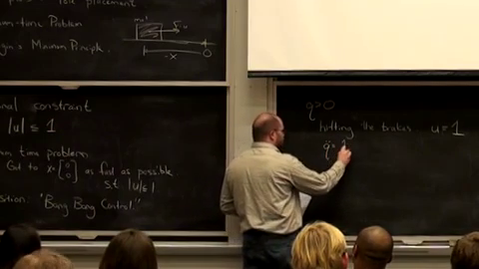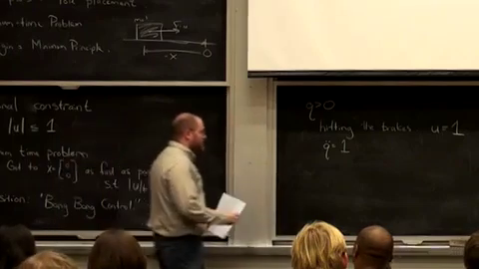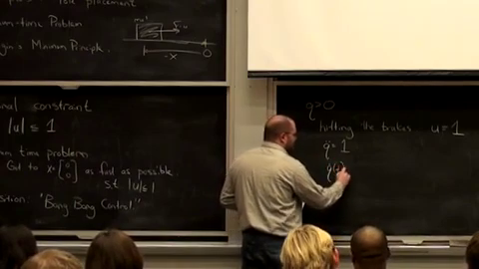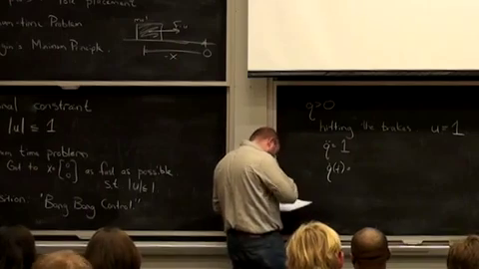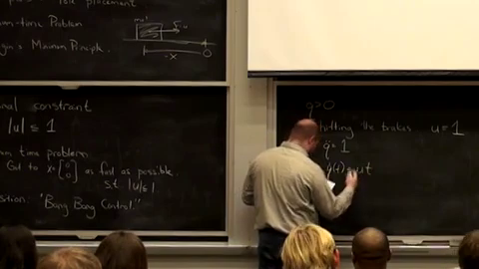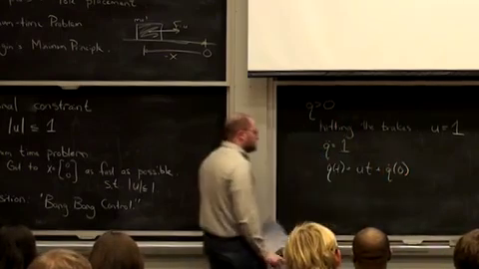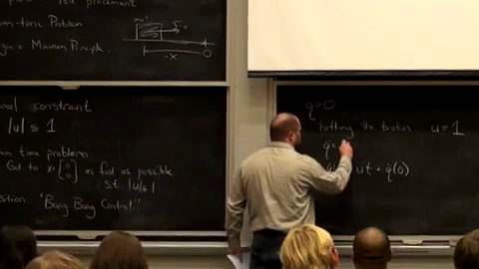See if we can integrate this equation. I can do that on the board for you. Q dot of t is U of t, so in this case it was 1, plus Q dot of 0. I'll make it a little bit more general here.